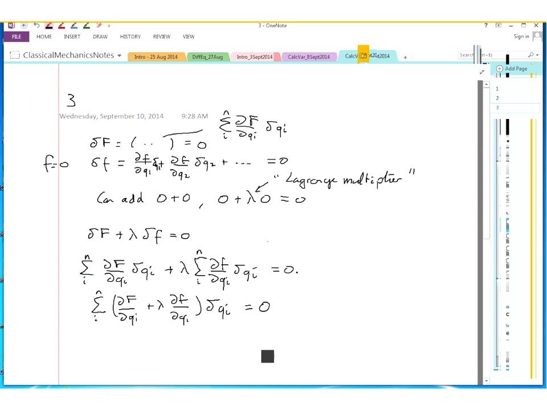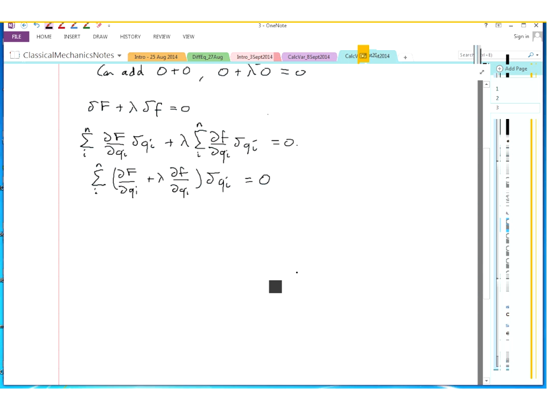So if we go back to the unconstrained case, the argument that we made was that this term didn't exist. So we just had the sum of the di F by di Qi times delta Qi, and delta Qi was the epsilon alpha.